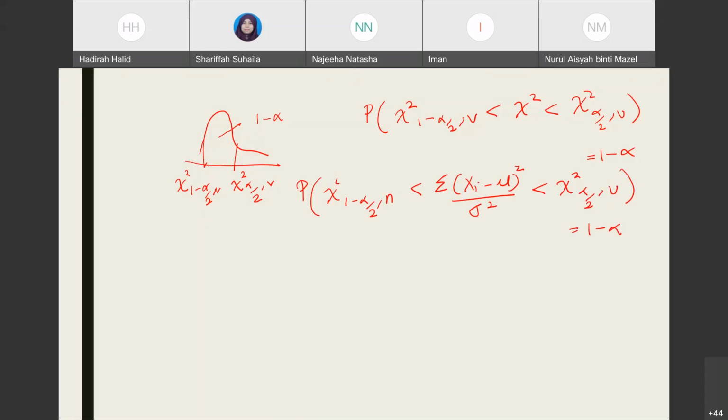So why 1 minus alpha over 2 and alpha over 2? Because this is a skewed distribution. If you have the normal Z and also the T distribution, that one is symmetric. So that's why we have minus Z alpha over 2 and also Z alpha over 2, and the same thing for T: minus T alpha over 2 and T alpha over 2. But for skewed distributions, chi-square and also the next one, the F distribution, it should have chi-square 1 minus alpha over 2 and chi-square alpha over 2.